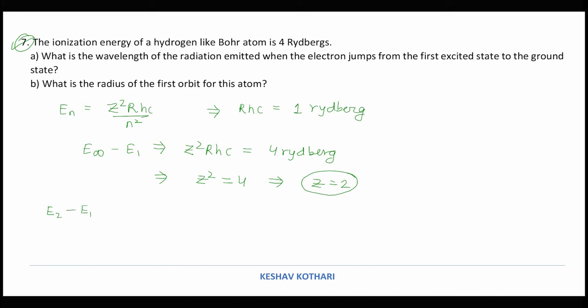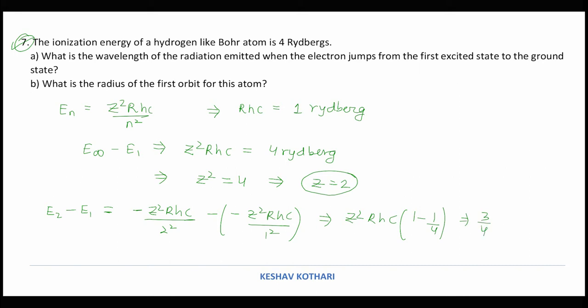So I can write it as equivalent to minus Z square RHc upon 2 square minus Z square RHc upon 1 square. So from here we obtain a value equivalent to Z square RHc (1 minus 1 by 4), and we end up getting 3 by 4 Z square RHc.